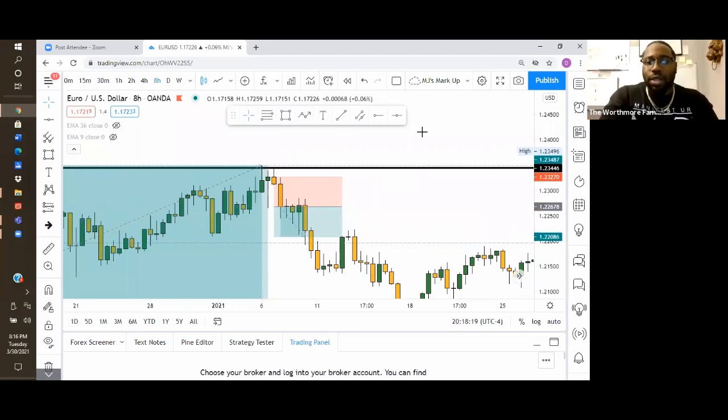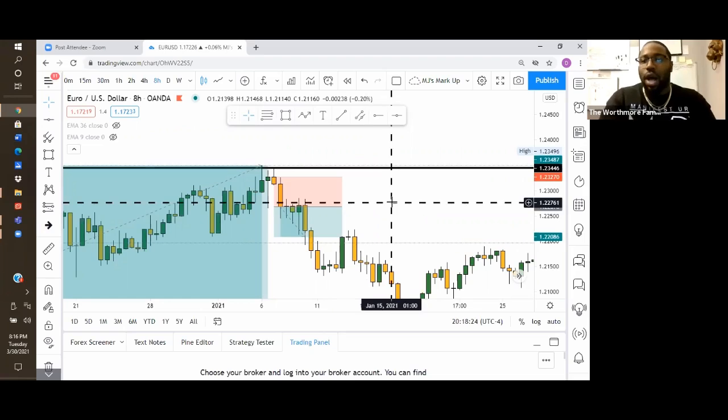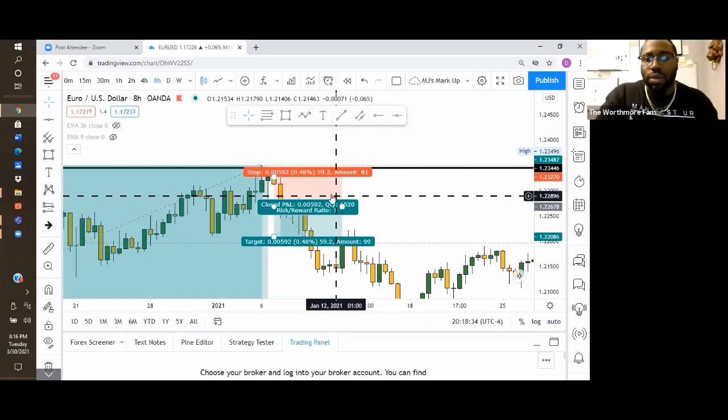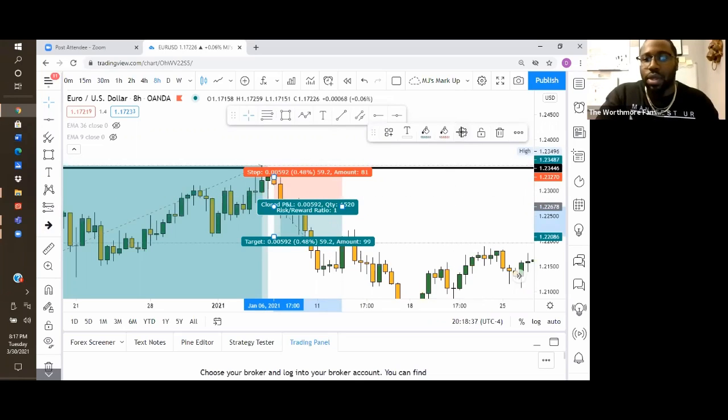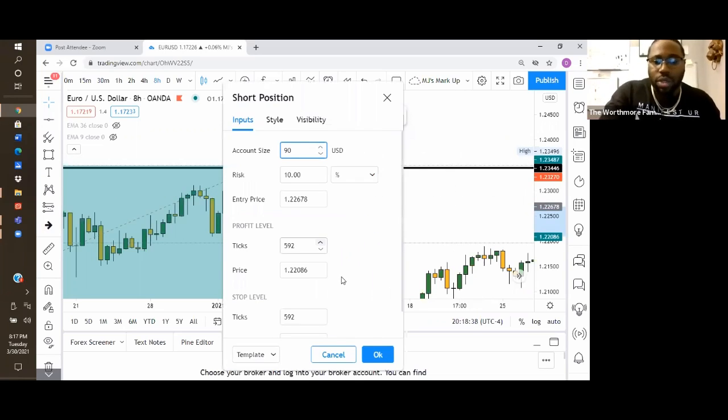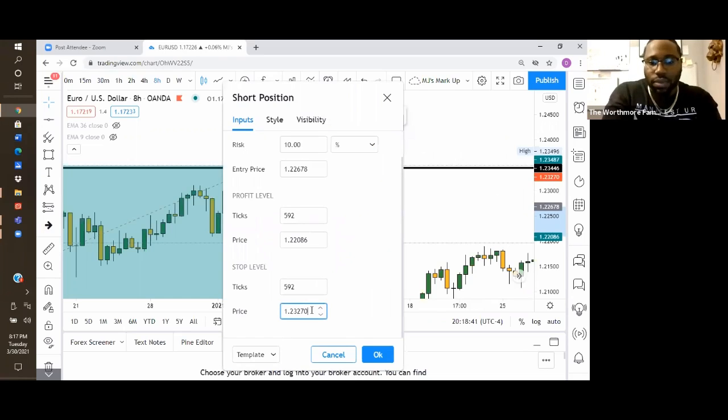Now, my stop loss would have had to have been, again, 25 pips above 1.23446. 25 pips would have taken it to 1.23696, okay? So here we go, 1.23696, that's where I would put my stop loss.